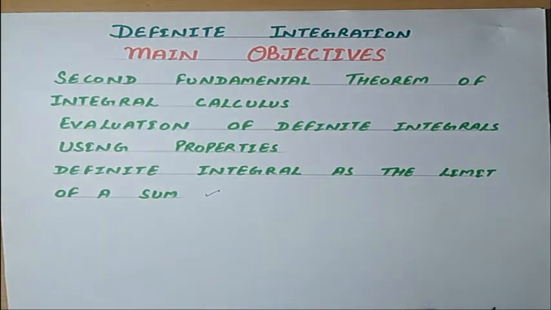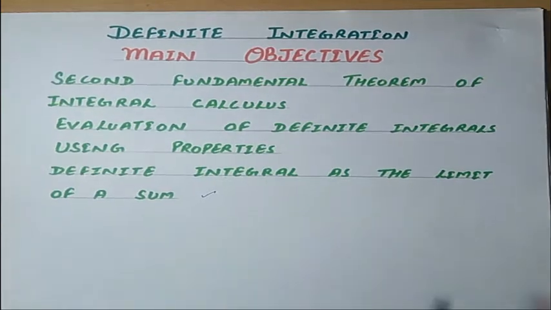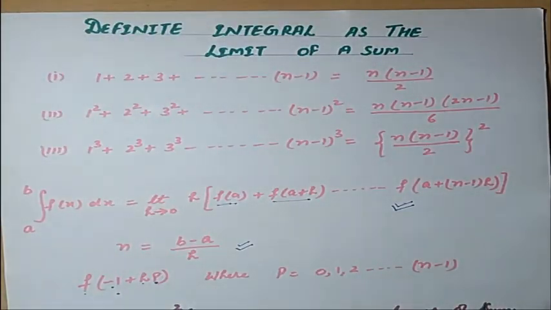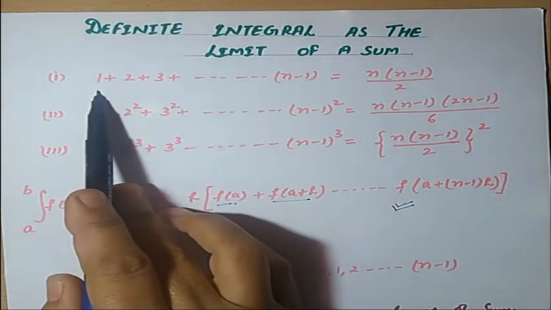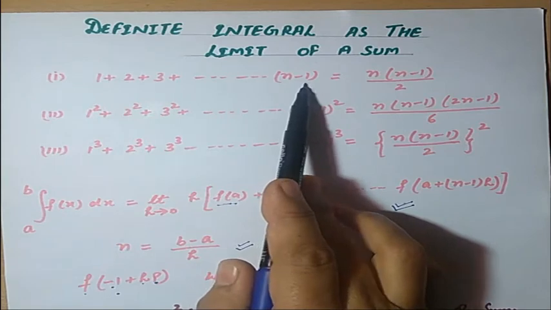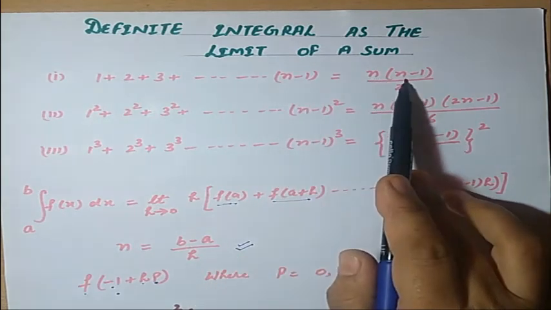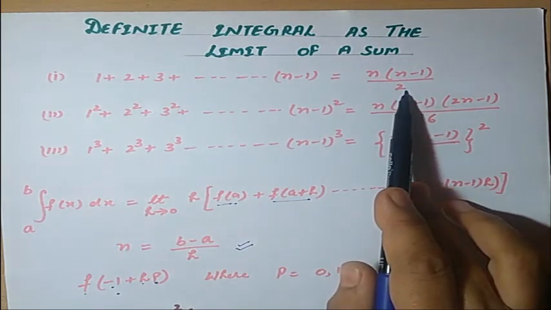a sum. Now, there are some series which have a standard result for their sum. First is the sum of all natural numbers. It is equal to n into n plus 1 upon 2.